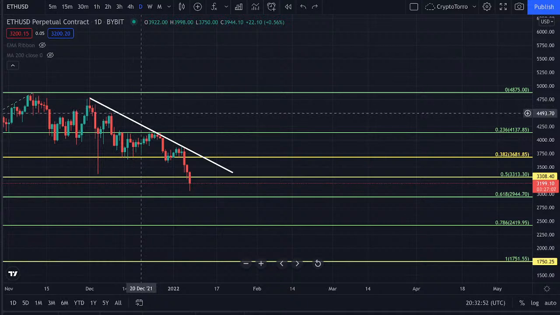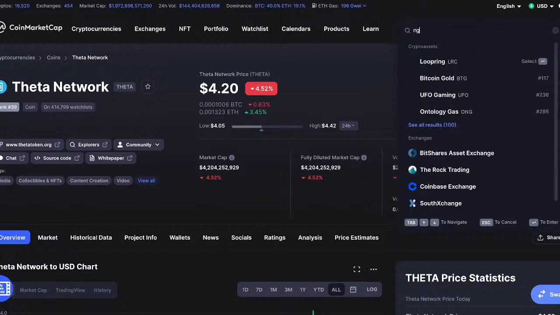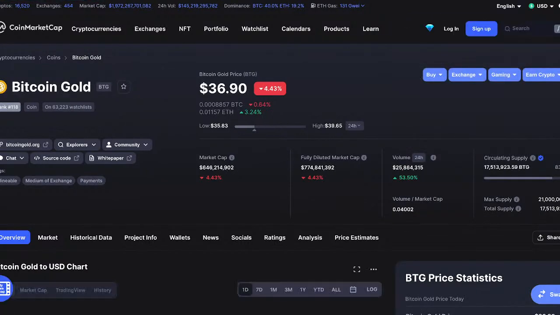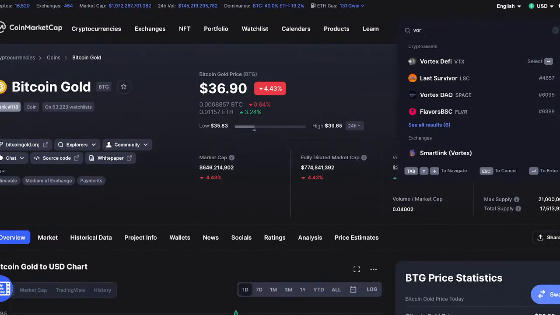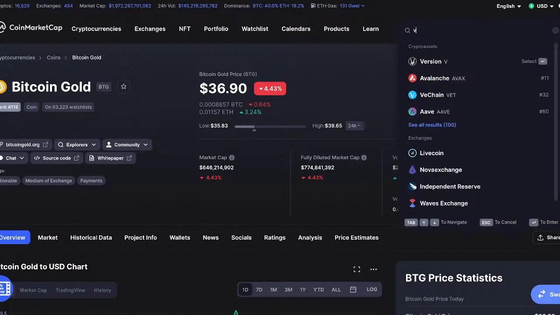Also, let's take a quick look at the comment section, and what we are seeing is that someone is requesting, I must say, a cryptocurrency analysis. Let's take a quick look which cryptocurrency it is. It's NGO. No, it's VOR. So let's take a quick look. I'm not completely sure.